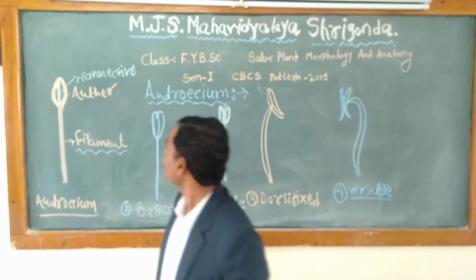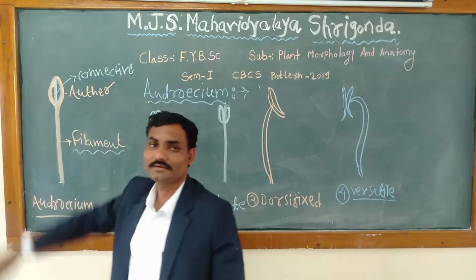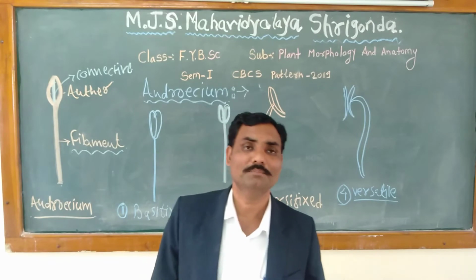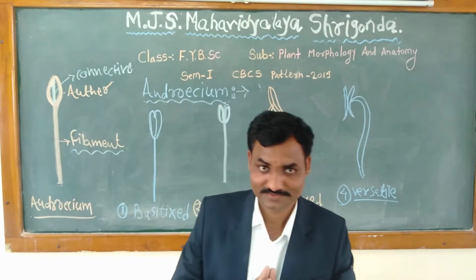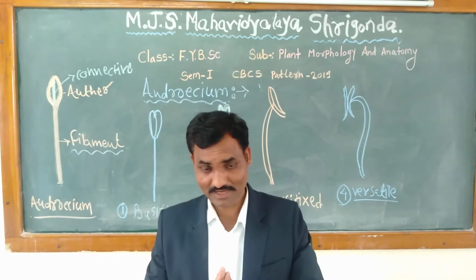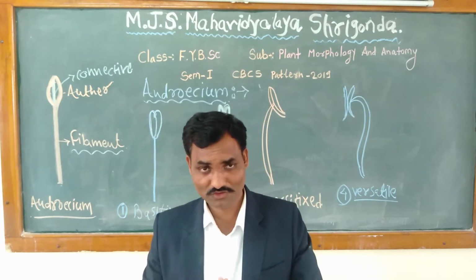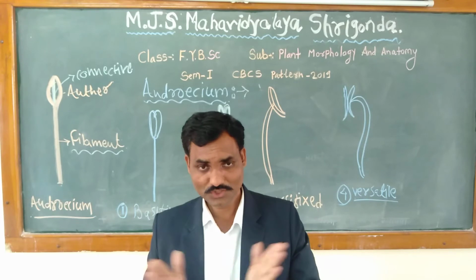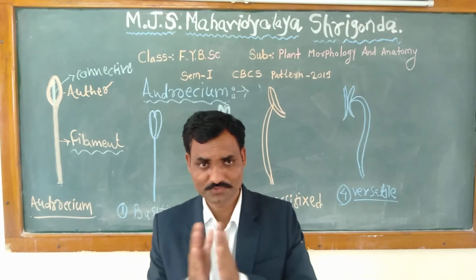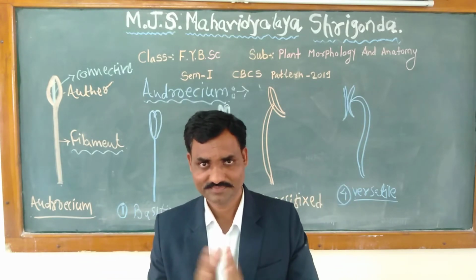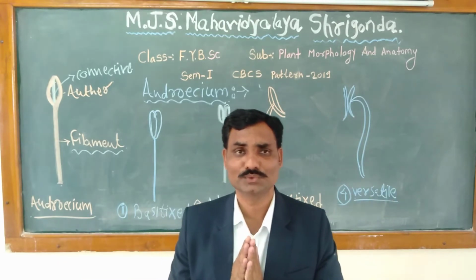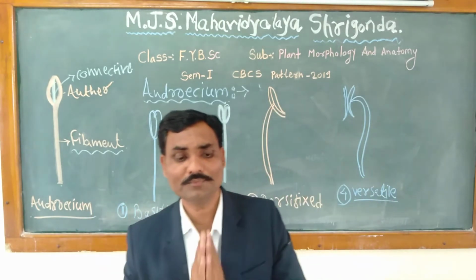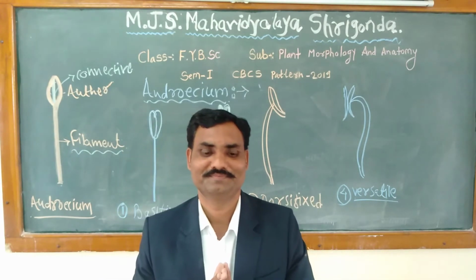Then what about the connective? This is the second and important part of the Androecium. It is a sterile tissue. There are no microspores in that connective. It only connects two anther lobes. It is a sterile tissue which connects the anther lobes with the filament.